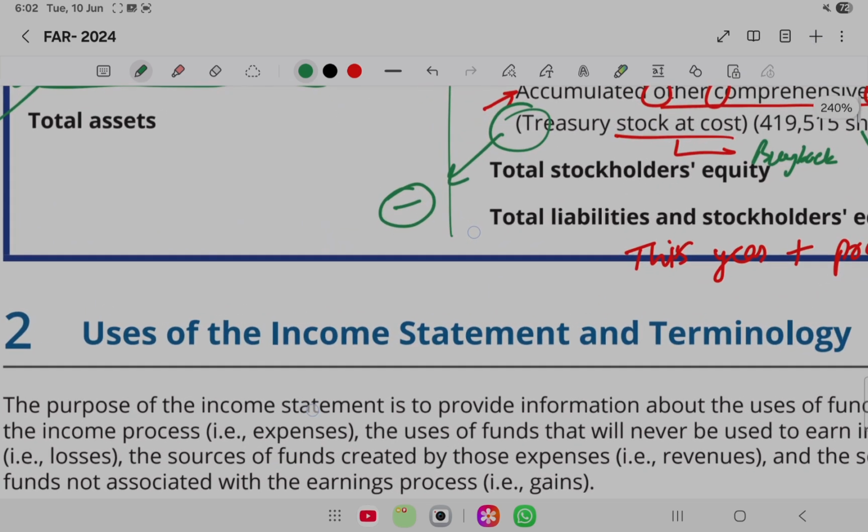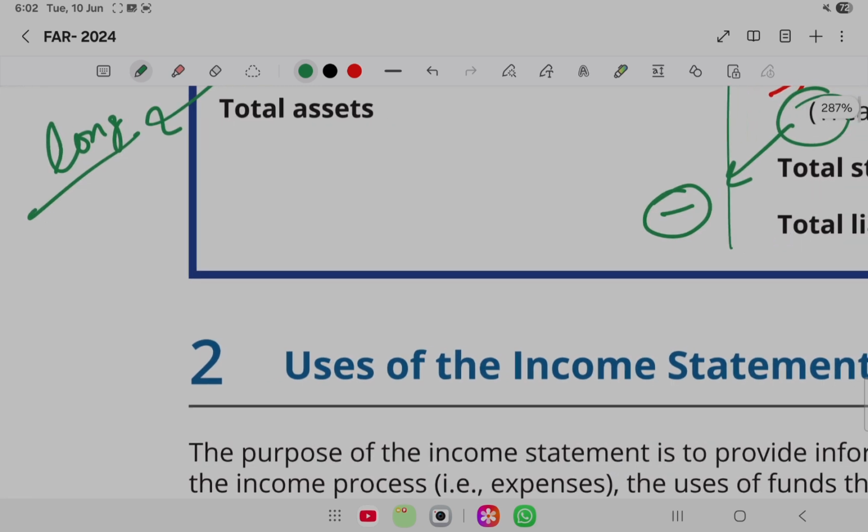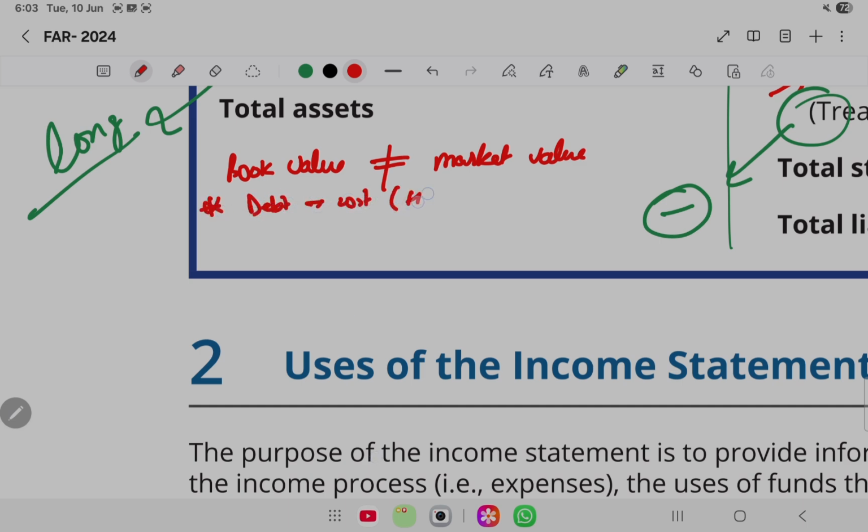After that I will add one more topic here, that is the limitations of the balance sheet. Basically in the US system, book value is not the market value. The debt is recorded at historical cost.